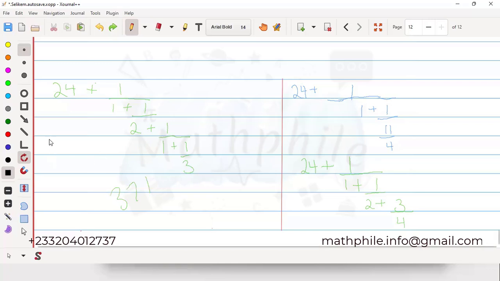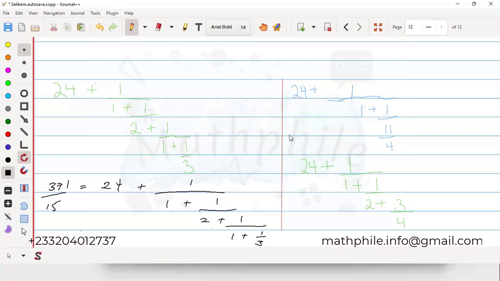So you can say that 371 divided by 15 is the same as writing 24 whole number, 1 over 1 plus 1 over 2 plus 1 over 1 plus 1 over 3. So we wrote this as a continued fraction.